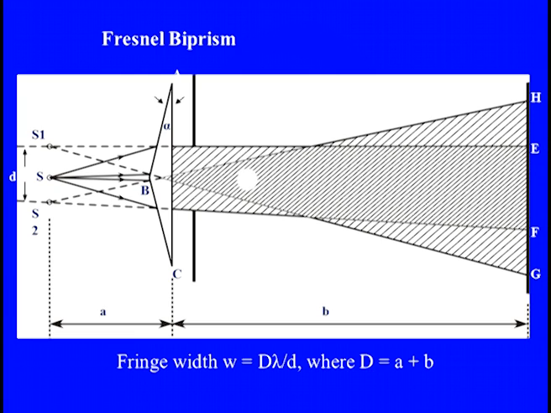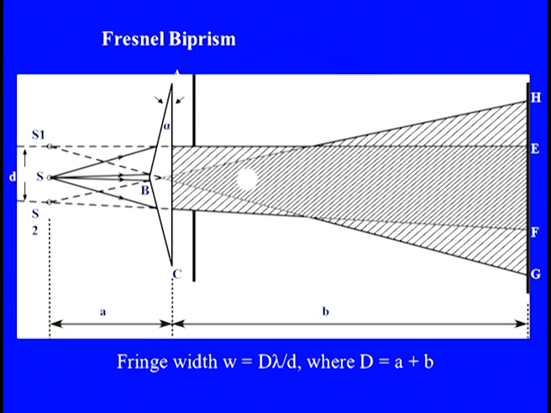In reality, the biprism is constructed from a single plate of glass by suitable grinding and polishing it. The obtuse angle of the prism is only slightly less than 180 degrees and the other angles, of the order of 30 degrees, are equal.